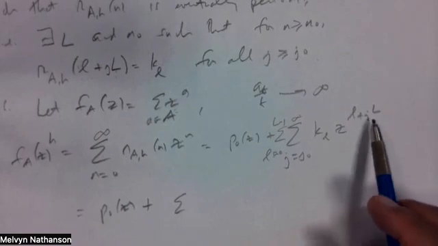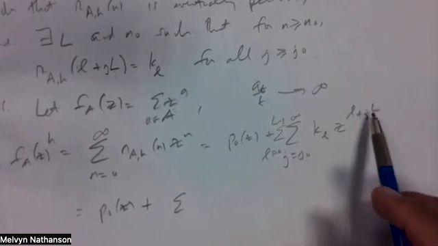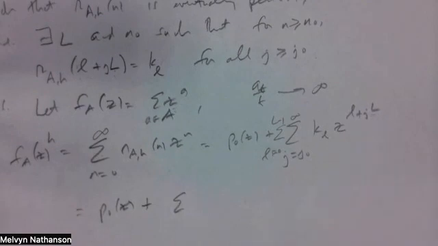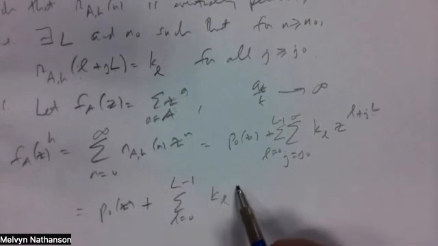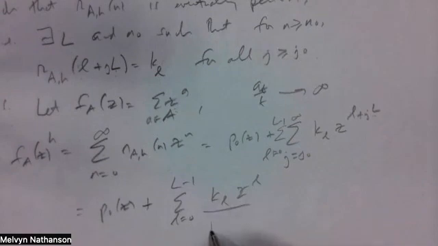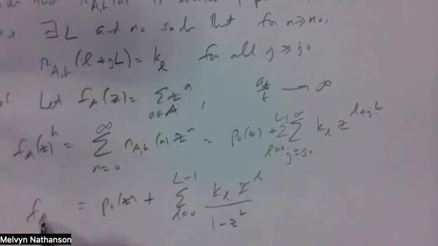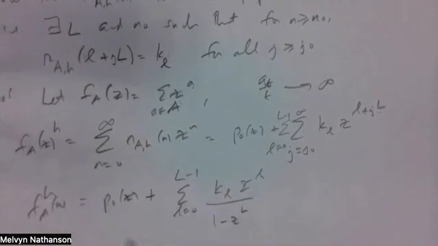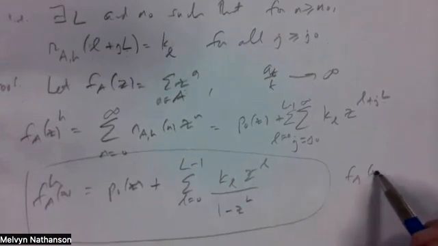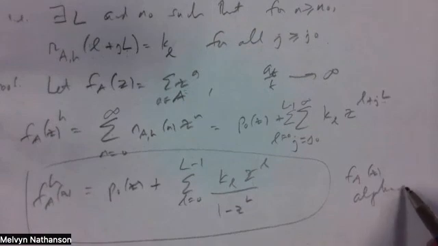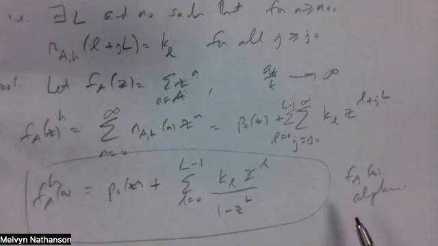And you look at the z to the exponent, the numbers in that particular congruence class. K sub l, z to the l over 1 minus z to the capital L. That's f sub A of z to the h. And again, this says that f sub A of z is an algebraic function. It doesn't have the unit circle as its natural boundary, so we get a contradiction.